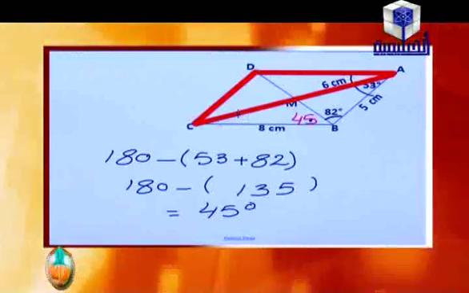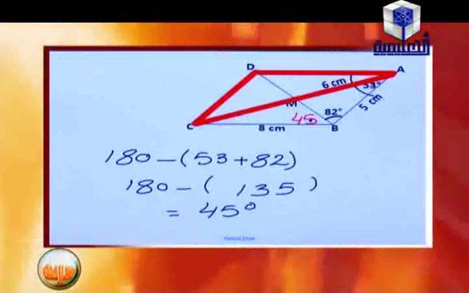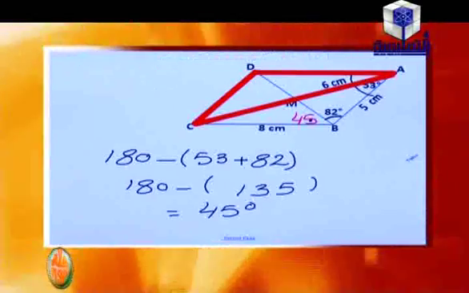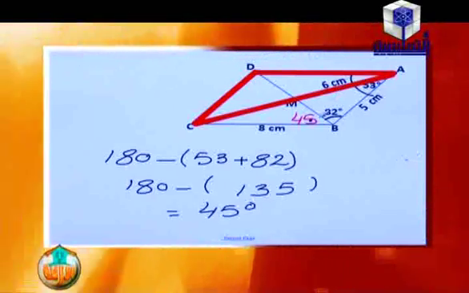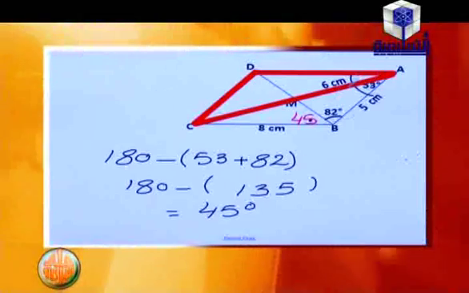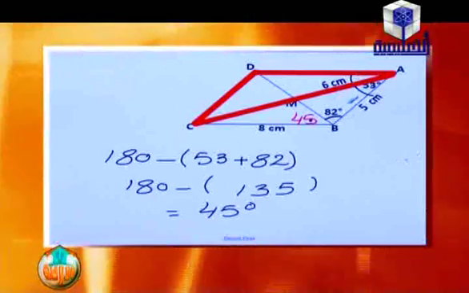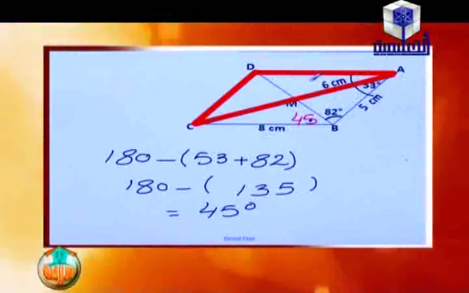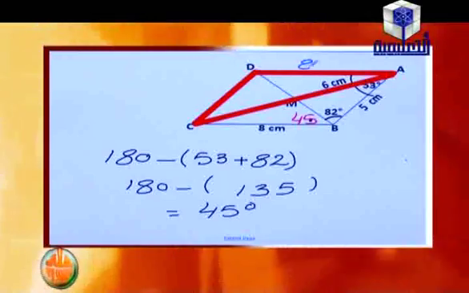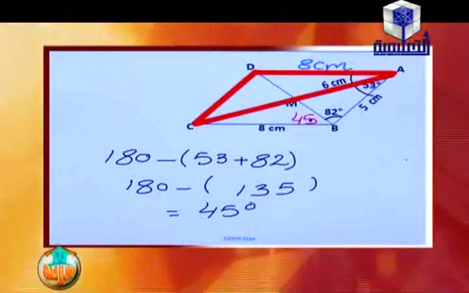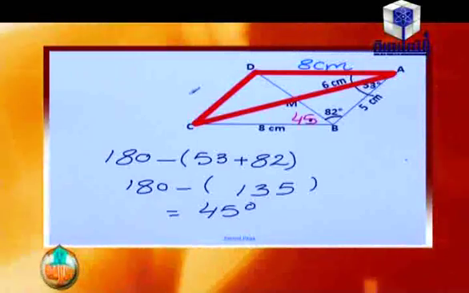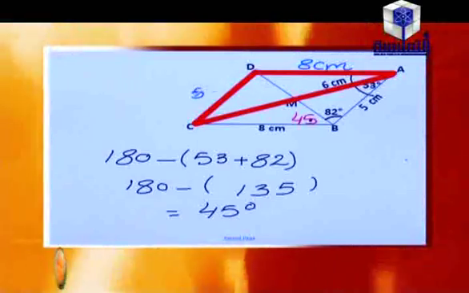To find the perimeter of a triangle, we have to find the sum of the sides. As we studied before, each two opposite sides in the parallelogram are equal in length. Then the length of line segment AD will be 8 centimeters. The length of line segment CD will be 5 centimeters.